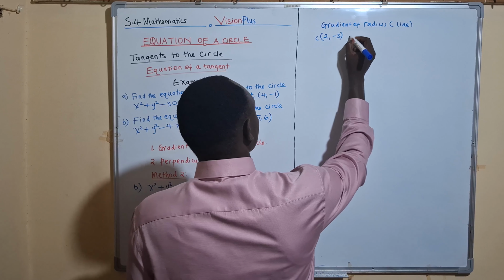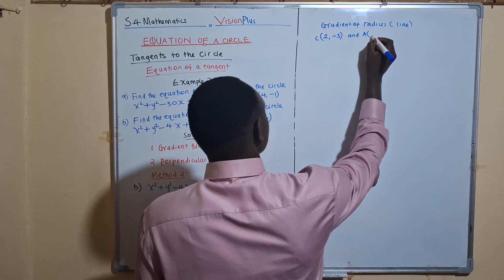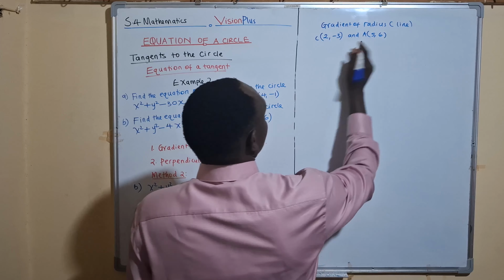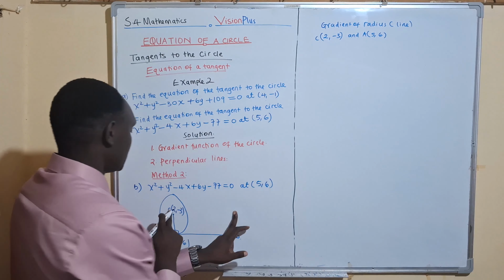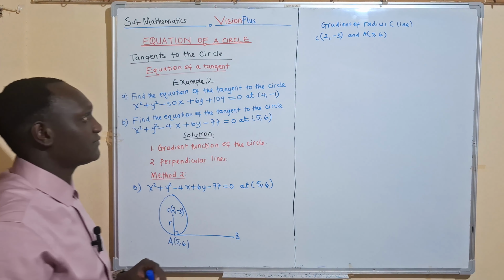So the 2 points are 2 and negative 3, which is the center, and then 5 and 6, which is the point on the circumference.